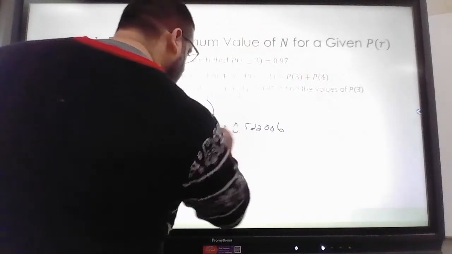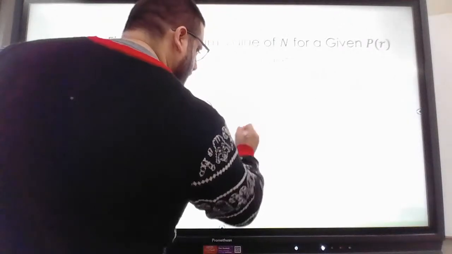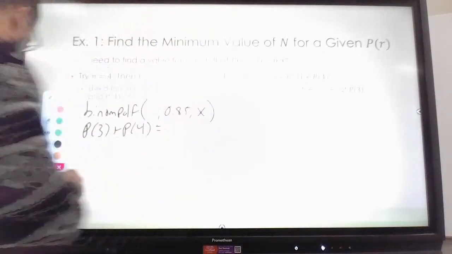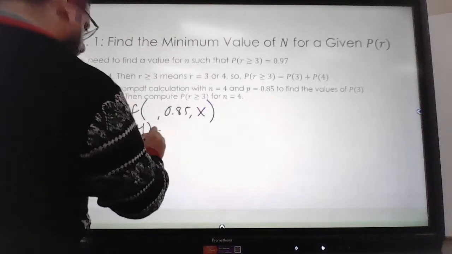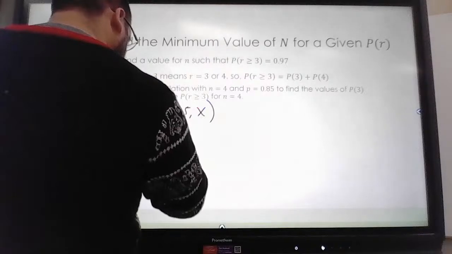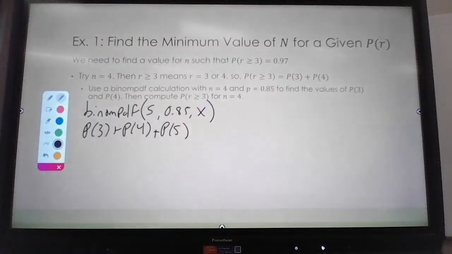I'm going to just erase all this. Okay. So we're going to change our PDF formula.